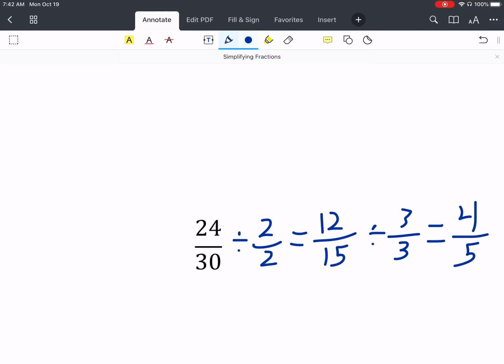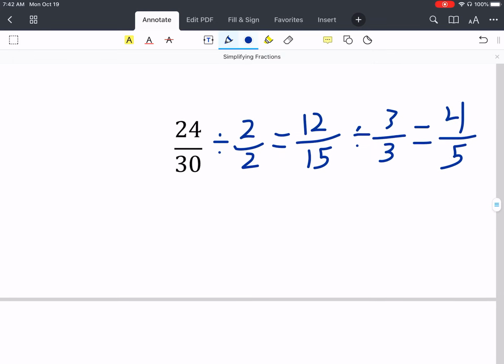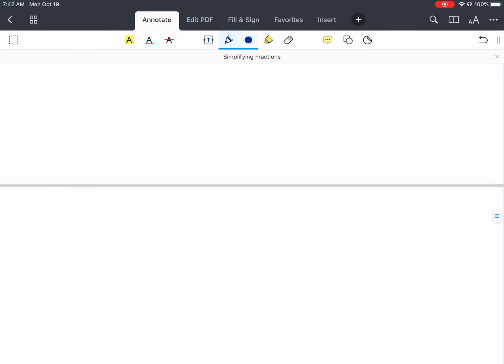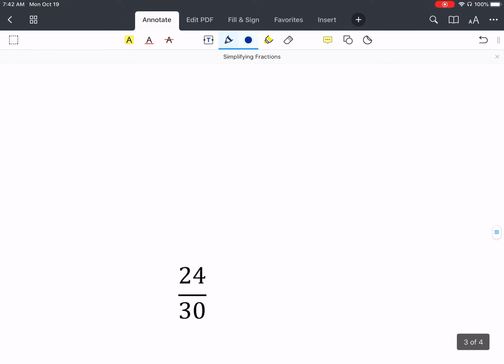So on these 3 problems, I have used 2 sets of numbers to divide by. You don't always need to do that depending on how good your math facts are. So if I had 24/30 again, and I realize that these are even and divisible by 3, I can make my life easier by just dividing by 6.